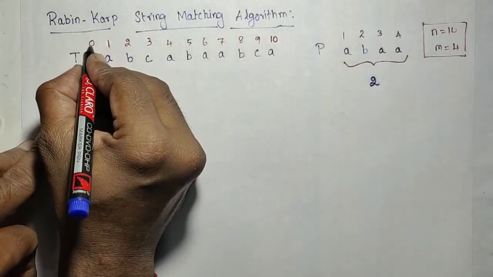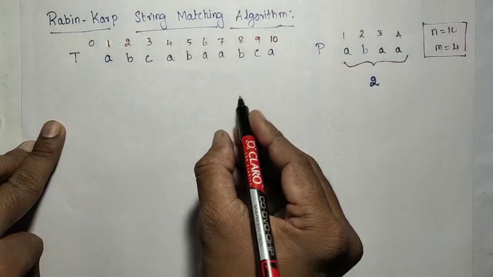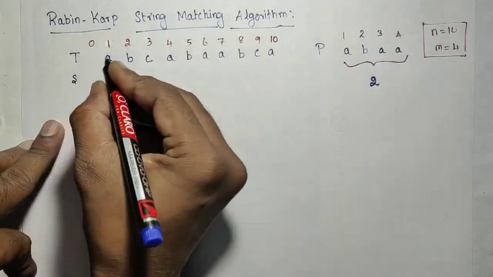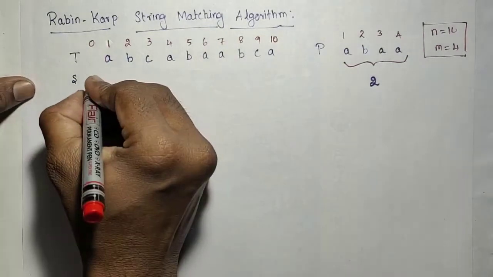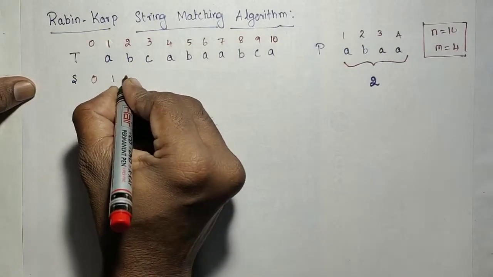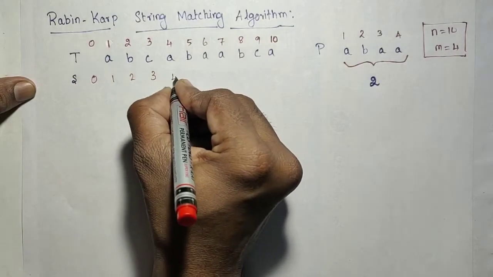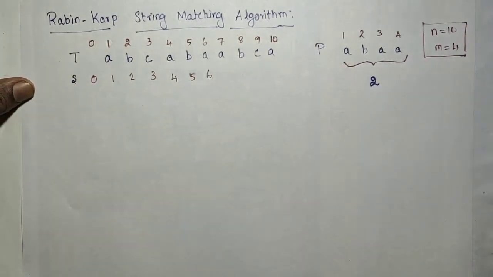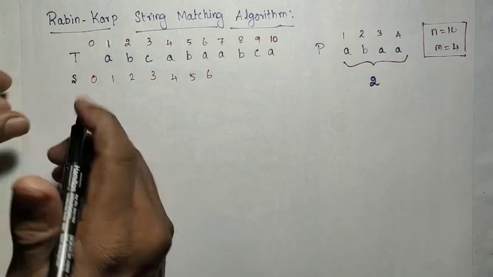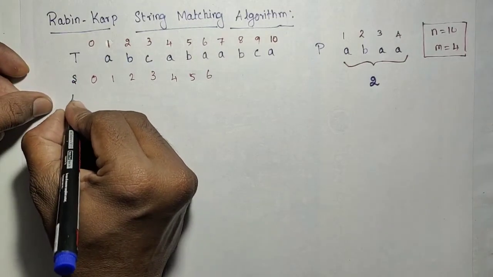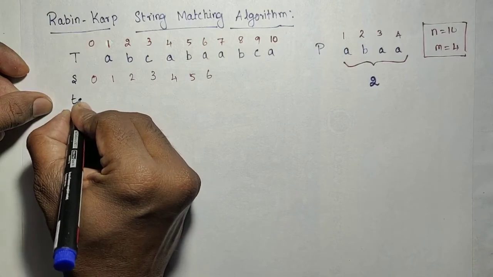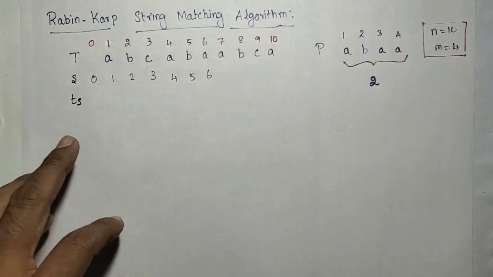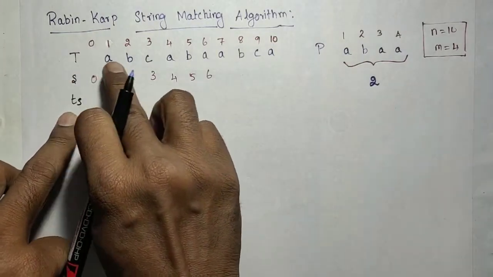Similarly, the iteration starts from s equal to 0, 1, 2, 3, 4, 5 up to 6. After that comparisons will not be there. In each iteration we find t s, that is t 0, t 1, t 2, t 3 and so on. T 0 means the equivalent number of the first four characters.